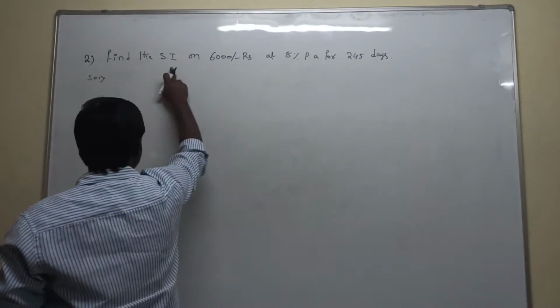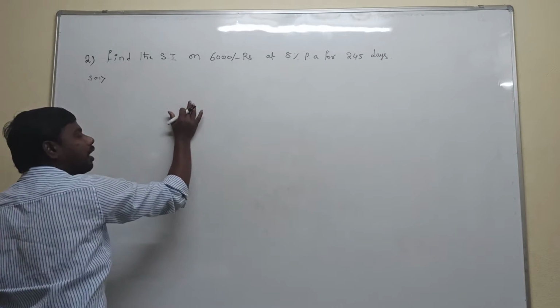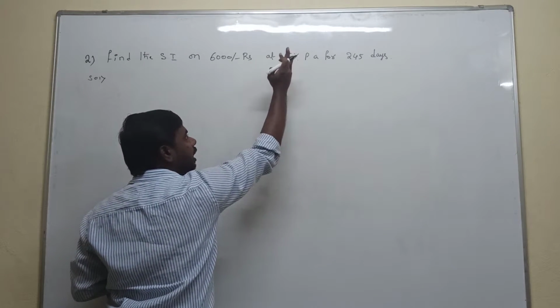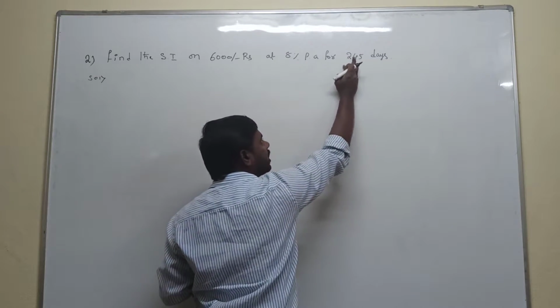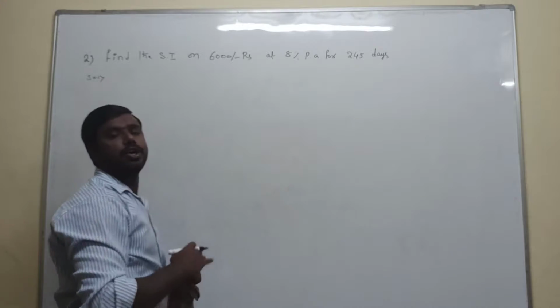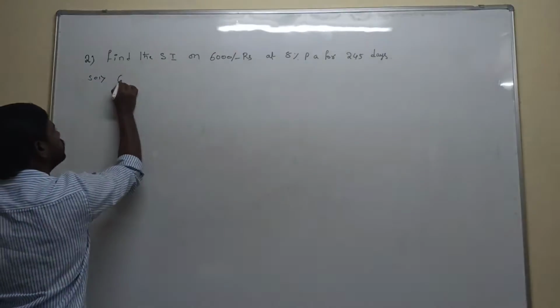What are we asked? To calculate simple interest. The principal amount given is 6,000, the rate of interest R is 8% per annum, and the duration of time is 245 days. Now we are going to the solution.